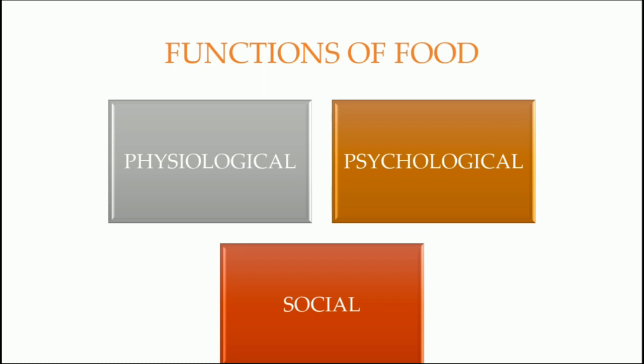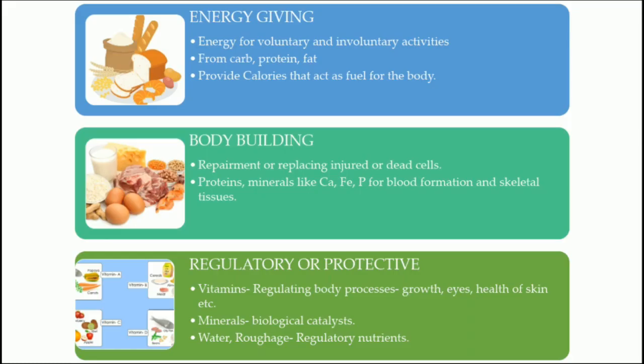The functions of food we have classified into three: physiological function, psychological function, and social function. These are the three major functions which food plays. Let us first see the various physiological functions of food. Number one is that we are performing various activities, various voluntary activities and involuntary activities.